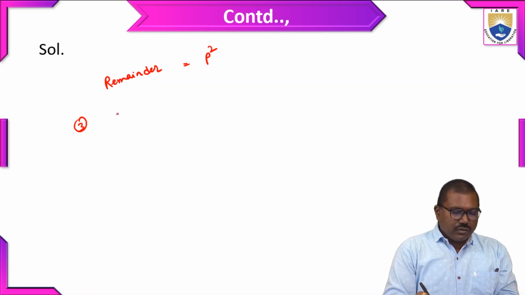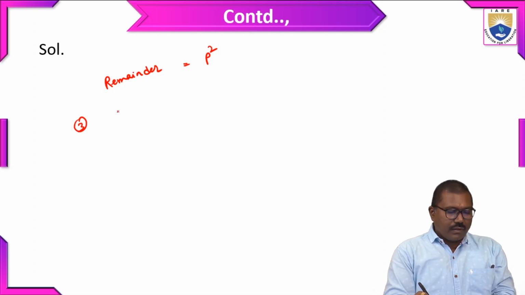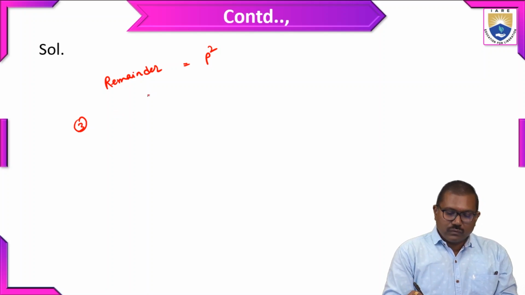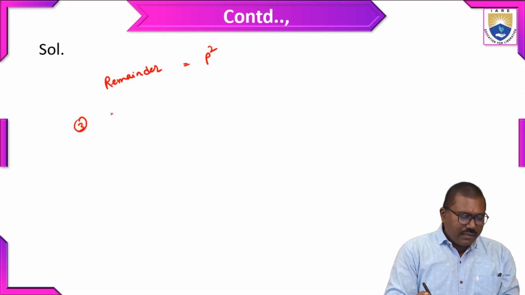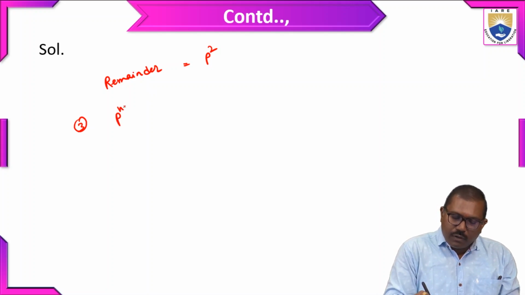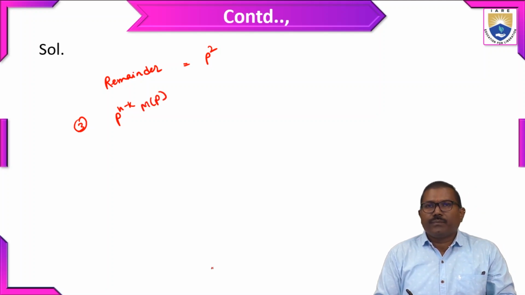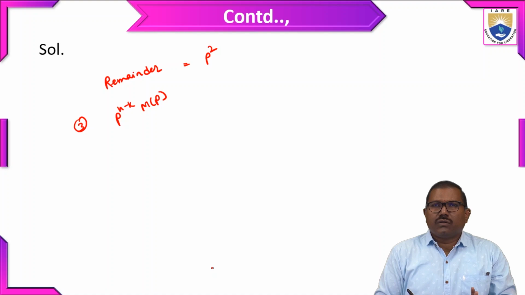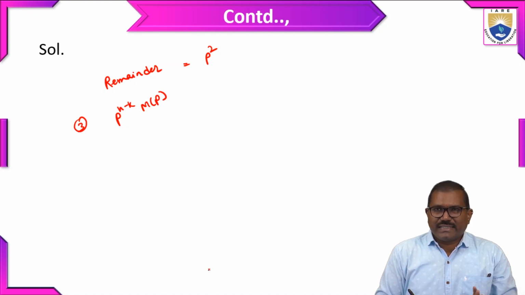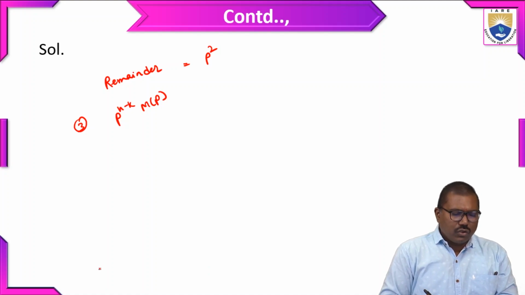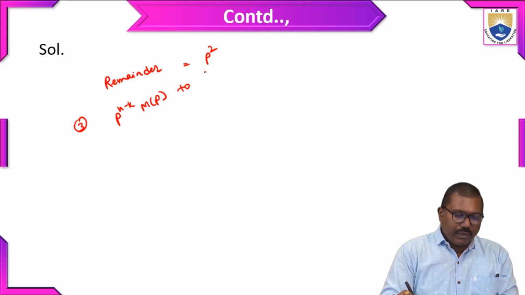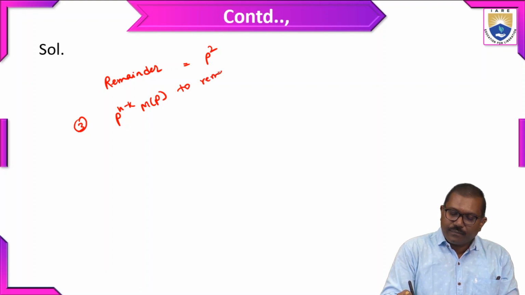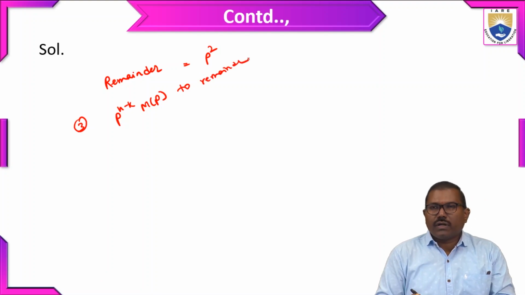Okay. So we write p power n minus k m of p. This is what you multiply, the message polynomial with the p power n minus k term. And now we add to the remainder. Okay.